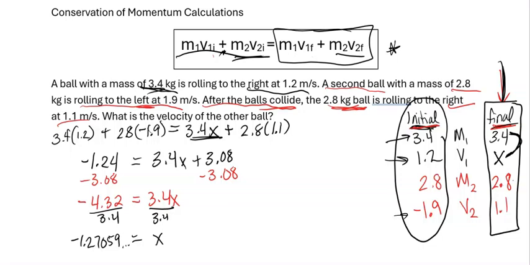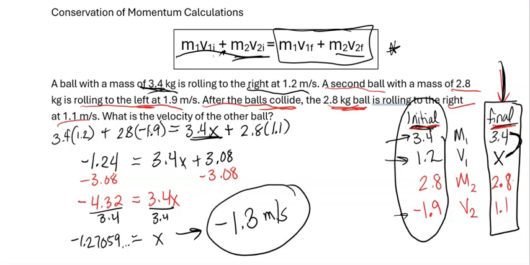And that would be meters per second, but now I need to go back and look at significant figures, which it looks like I have two significant figures across the board, so I am going to round that to a negative 1.3 meters per second, which would have been the final velocity of that first ball.